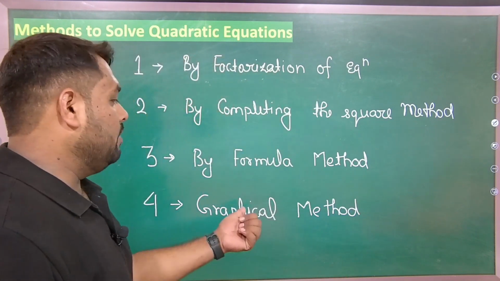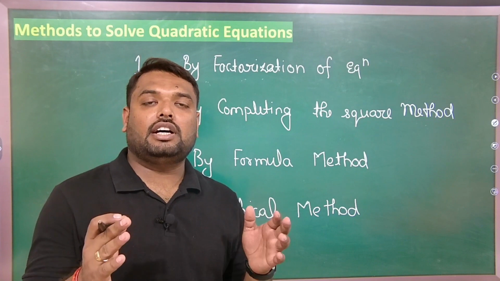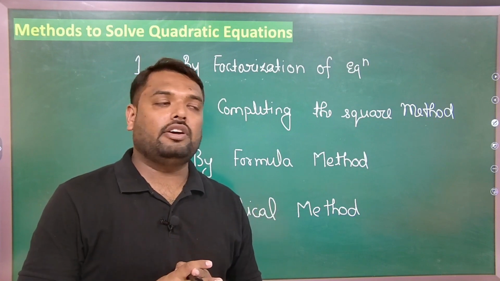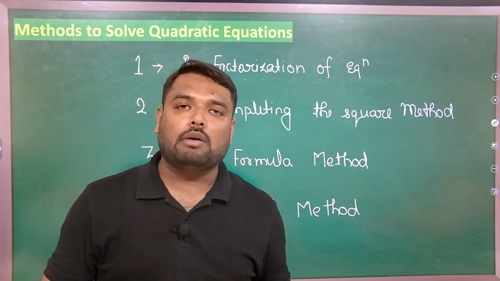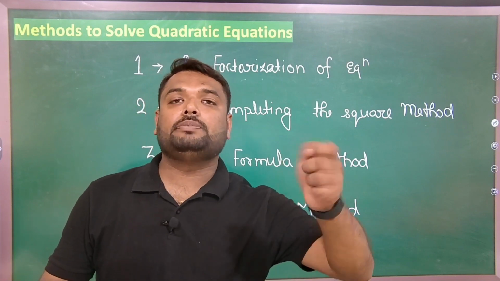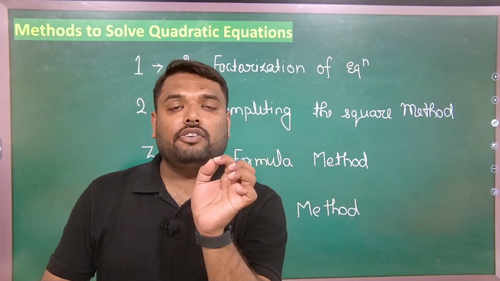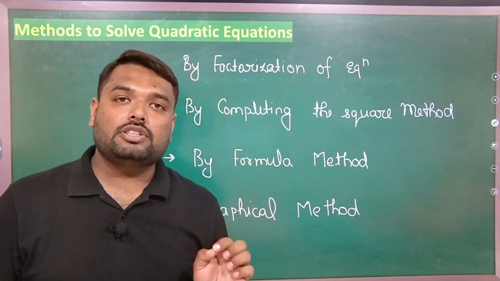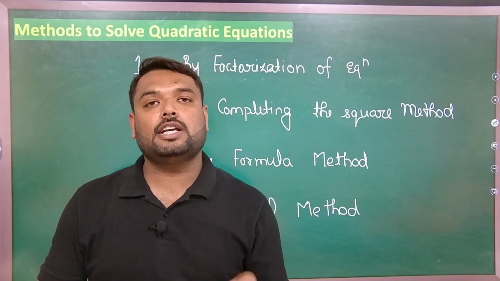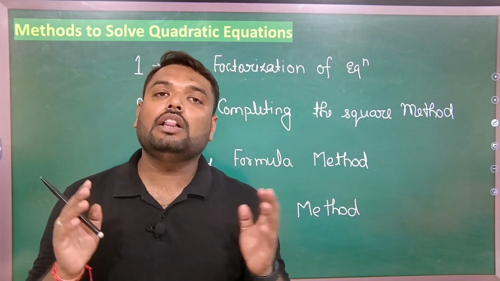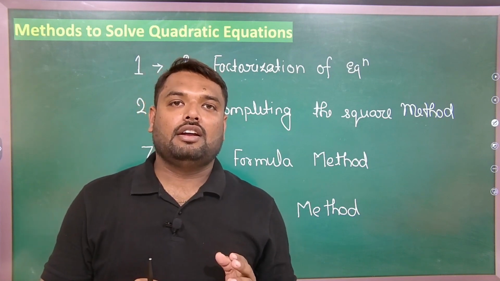In this graphical method, I will tell you what is the shape of the graph when you are going to plot for ax square plus bx plus c. It will be a parabola, and whenever a is positive, a is negative, b is positive, b is negative, c is positive, c is negative, all the things will be covered.